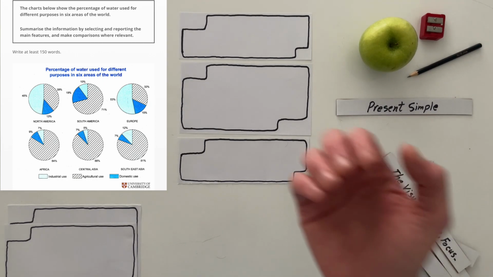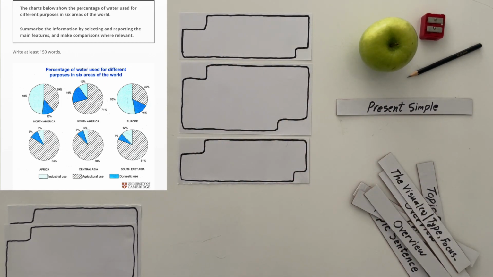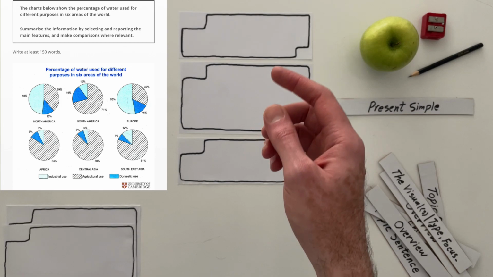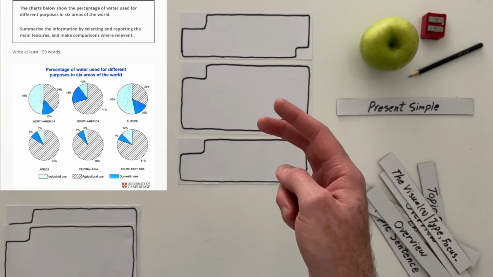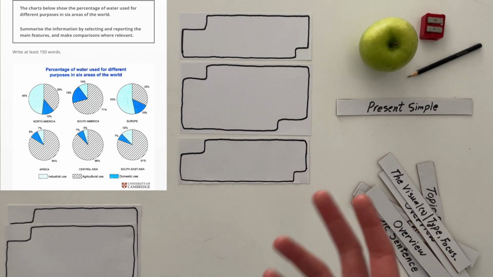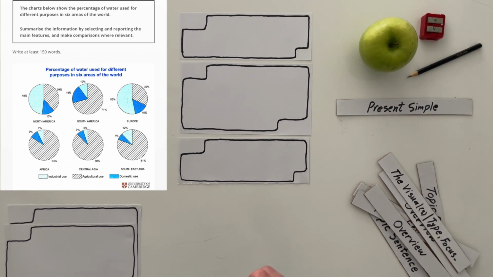Now, let's look at the planning stage. I have 6 visuals. Let me take a look at them. Interesting. Industrial use in North America and Europe stands out. That's something interesting. Oh, another important element.